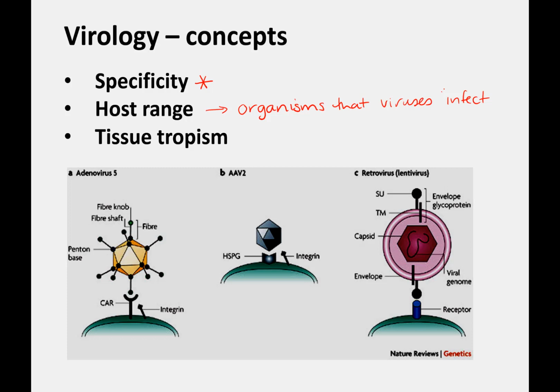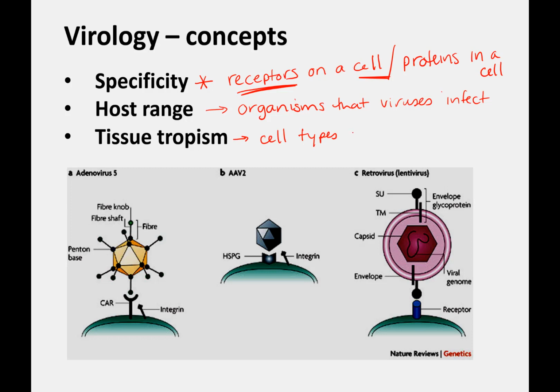Specificity is due, and we'll talk about this in the next lecture, to receptors on a cell, and also the proteins in a cell. Okay. Tissue tropism is talking about the cell types that a virus could infect.